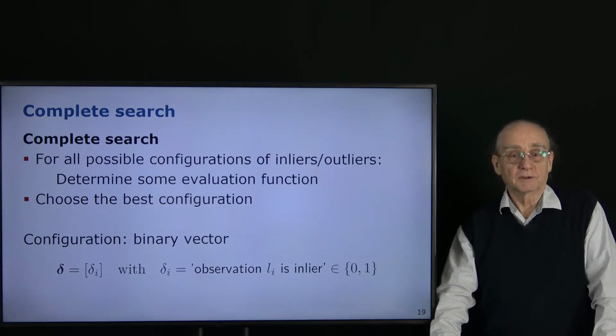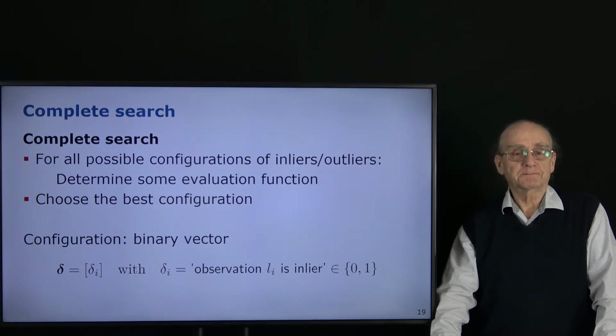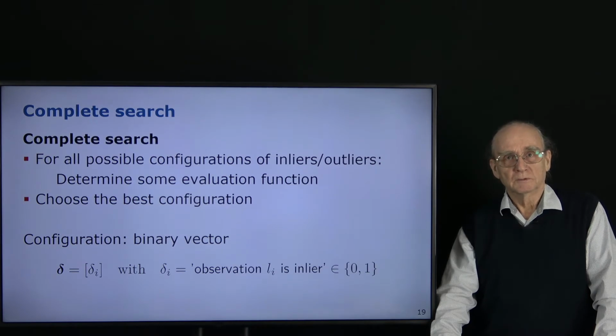So let's start with the first algorithm. That's complete search. So the idea is the following. For all possible configurations of inliers and outliers, we determine the solution and some evaluation function. And then we choose the best configuration.